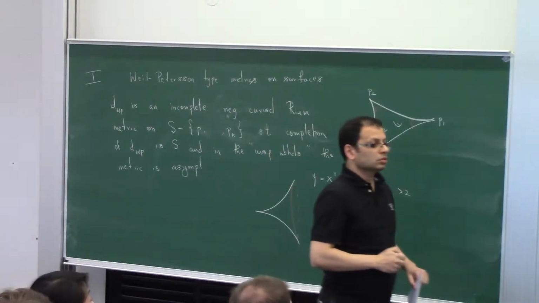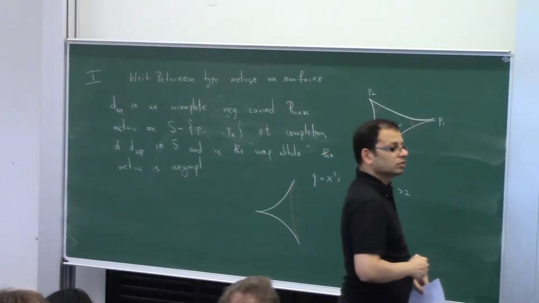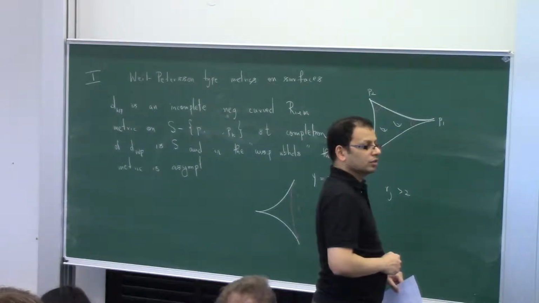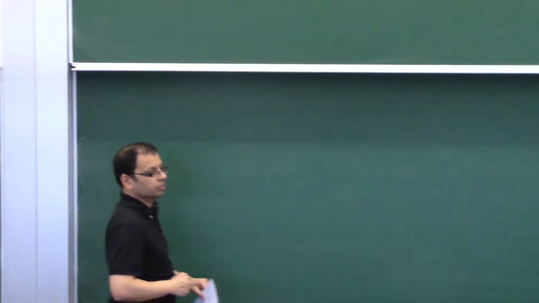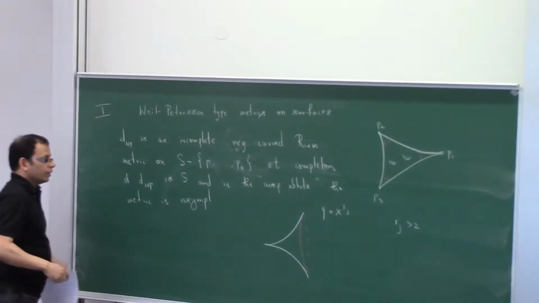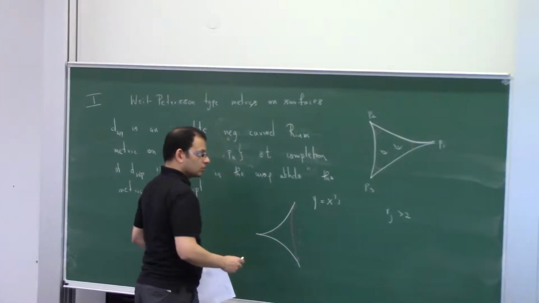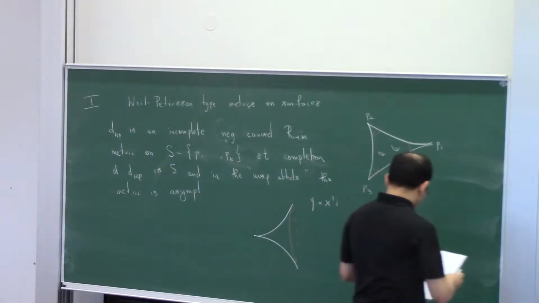So what's r_j for the actual modular curve? 3. Not 3 times. The third. Okay. Yes, y equals x cubed. All right. Any more questions?